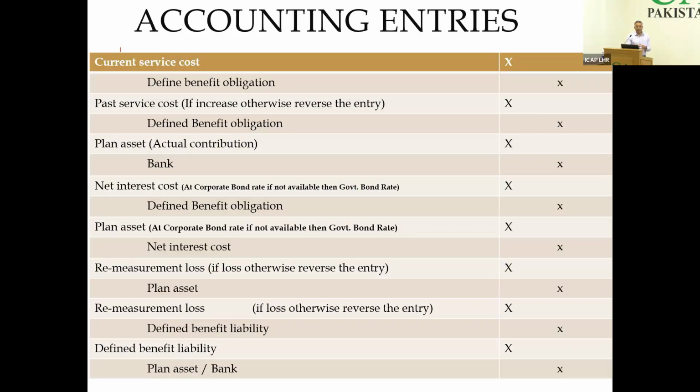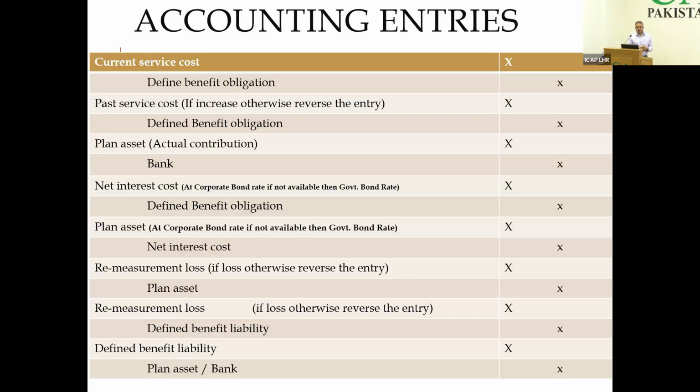And then net interest cost, it's unwinding. It's also important that IAS requires that return on plan asset and unwinding on defined benefit liability should be offset with each other, and the net amount should be recognized in the profit or loss account. So that's why we use the word net interest cost debit, defined benefit liability credit.